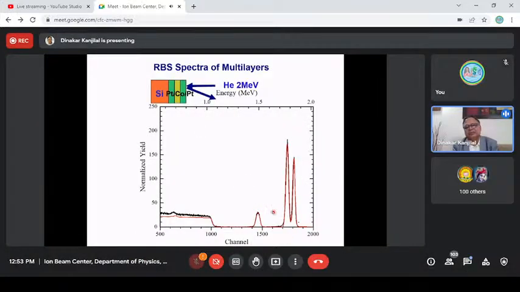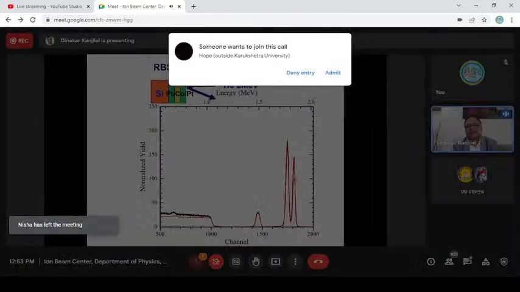From gold, you can estimate the thickness of the gold; platinum also you can estimate separately. Depending on the Z number, the peak goes higher. The lighter silicon background will be here. One is generally not interested in silicon, but anyway, its peak is there. Scattering of platinum is maximum, so that is the peak height, and gold accordingly.